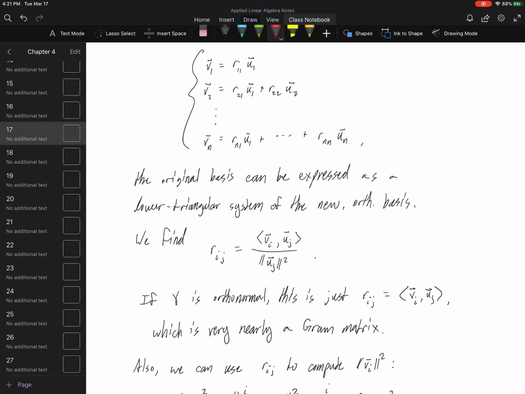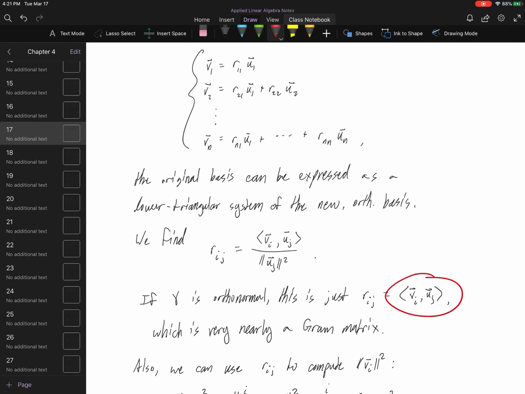So we know exactly how to compute these guys in practice, and moreover, if gamma is orthonormal, then we can just go ahead and omit that denominator entirely and see that, oh sure, this is very nearly a Gram matrix. It's very, very close to a Gram matrix, right?